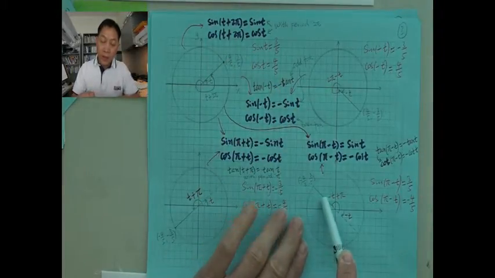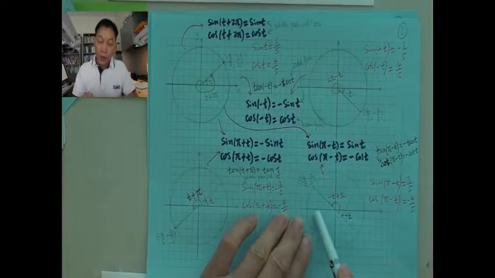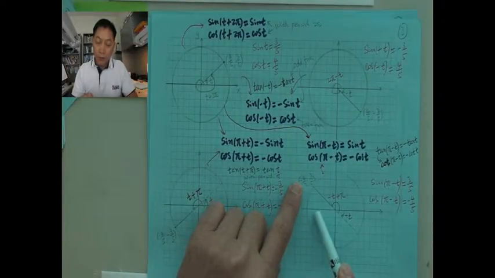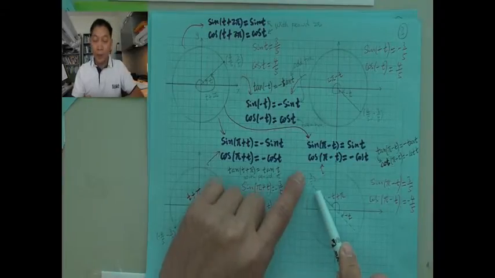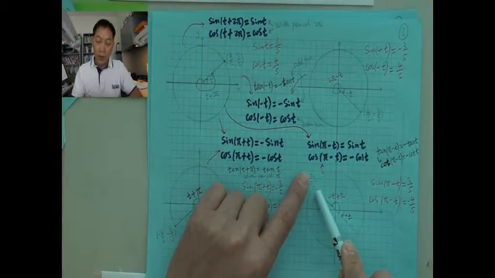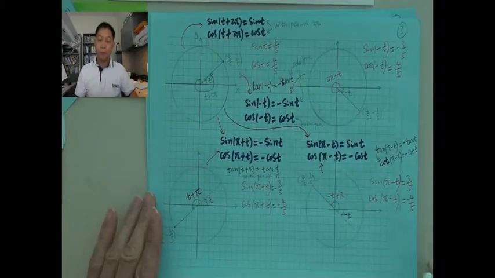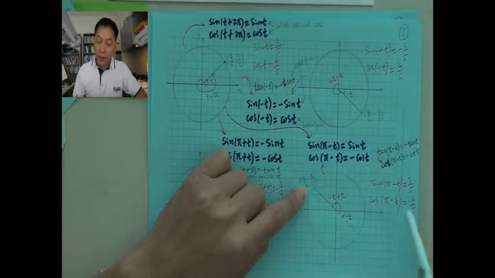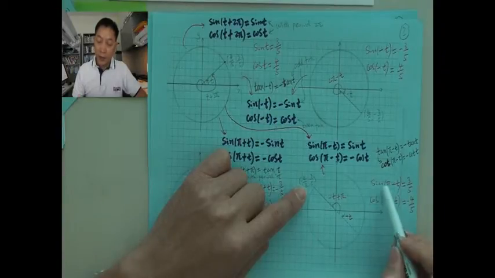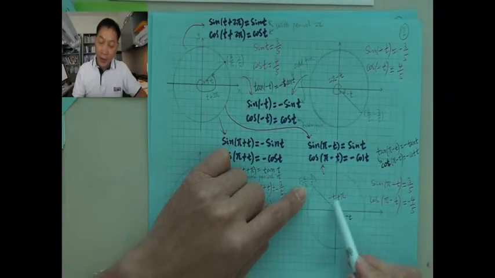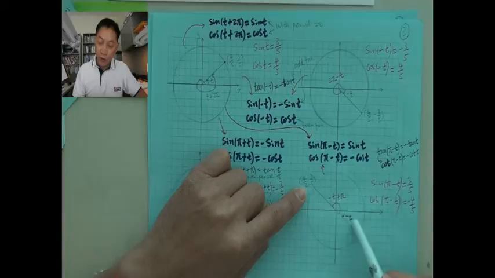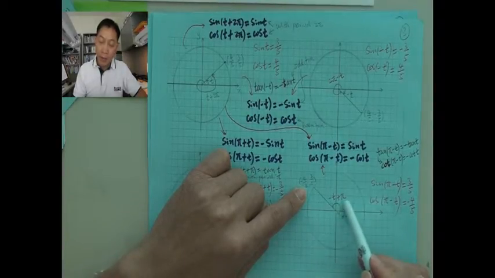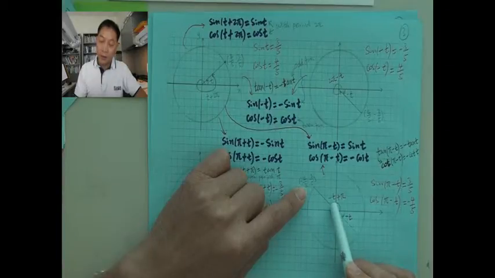Okay? Then in the second quadrant, the x-coordinate will be negative 4 over 5, and the y-coordinate will be positive 3 over 5. Again, in this place the angle is pi minus t now, because first negative t, then you add pi on that, it's pi minus t.